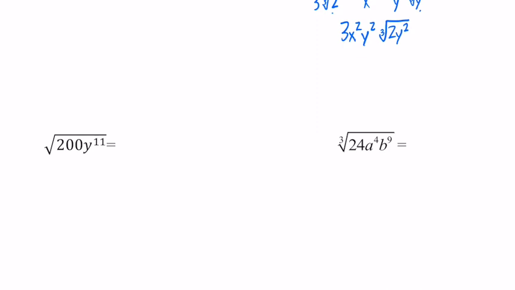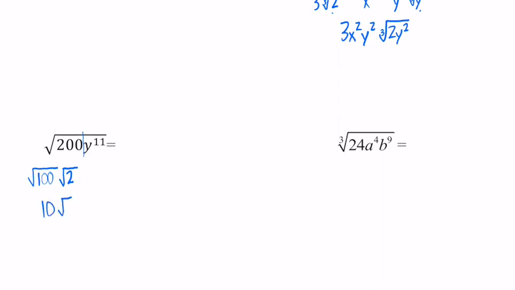For the square root of 200y to the 11th, we'll think of the number part and the y part of the problem separately. 200 is not a perfect square, but we can split it up into two parts so that we can simplify the square root of part of it. We can write it as 100 times 2, and the square root of 100 is 10.